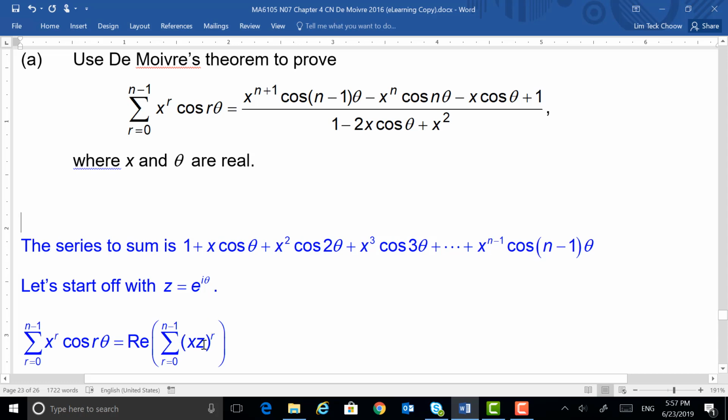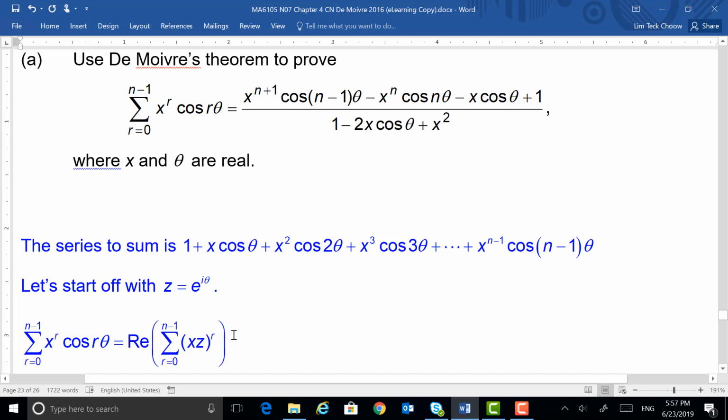Taking x times z and raising the power of r for each term, you find that the real part of this fellow is exactly this. So what you realize is, from the original expression, which is hard to sum, we have re-expressed it into something that we are familiar with.